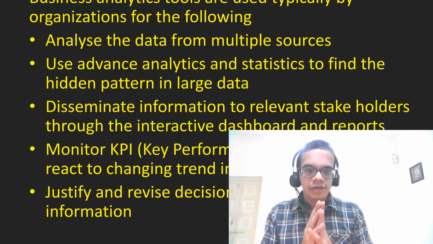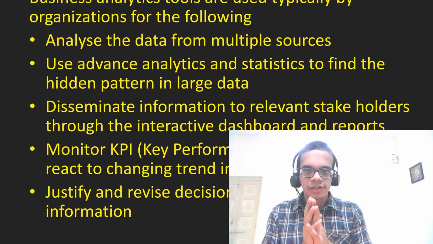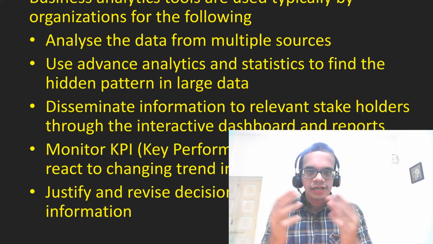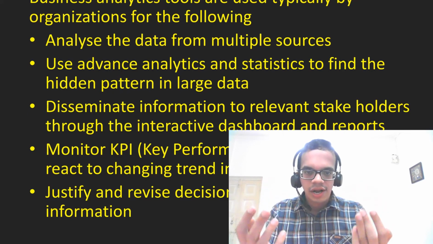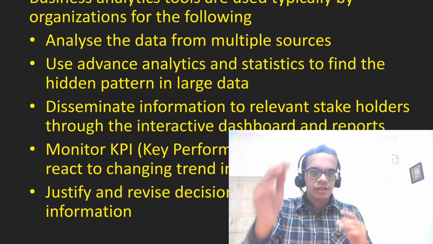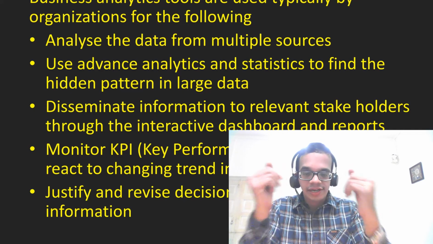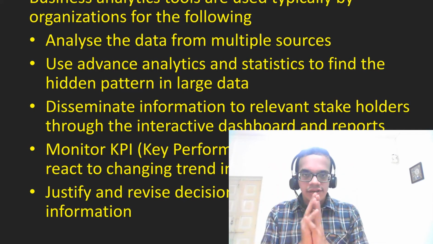We also need to justify and revise decisions based on up-to-date information. So if the information is collectively available in the systems, interactive dashboards, and the KPIs and CSFs are changing, you can take quick decisions and revise them.